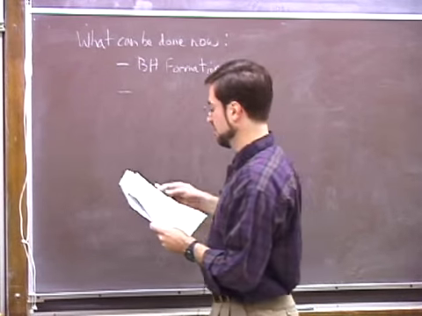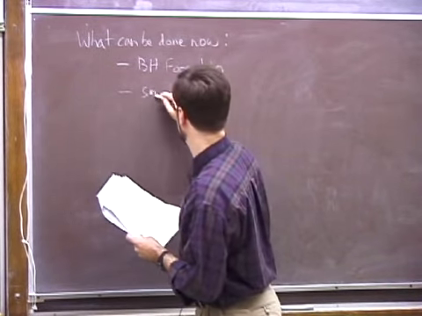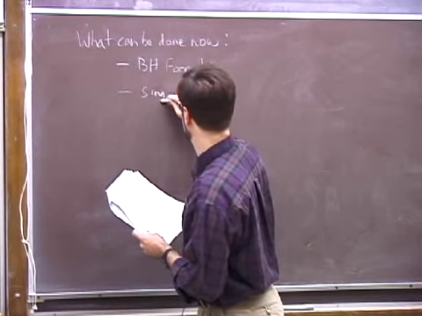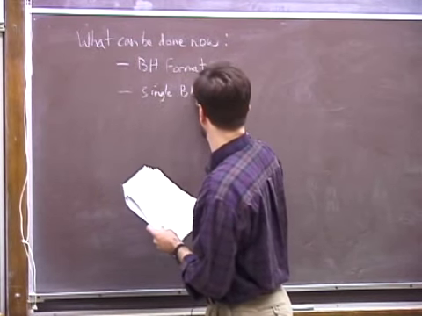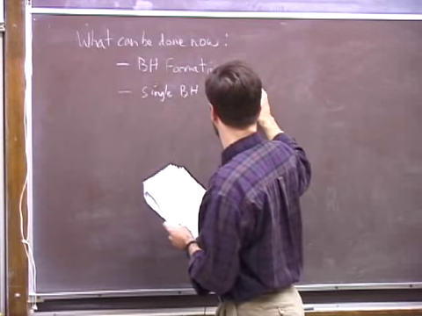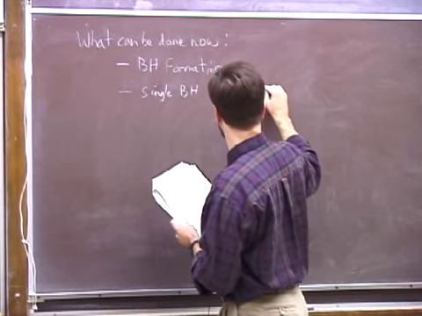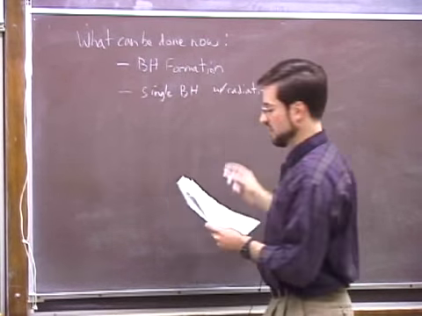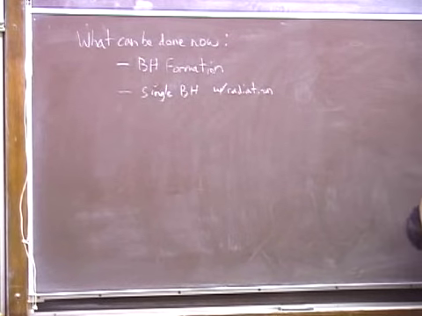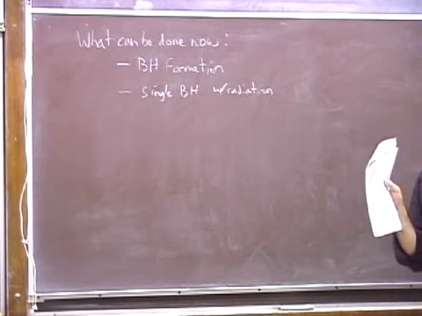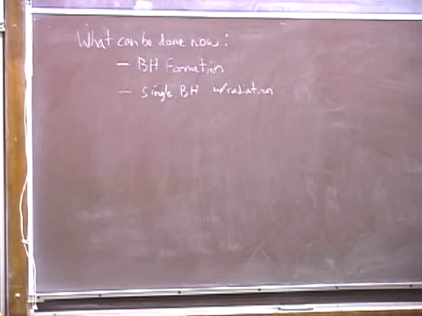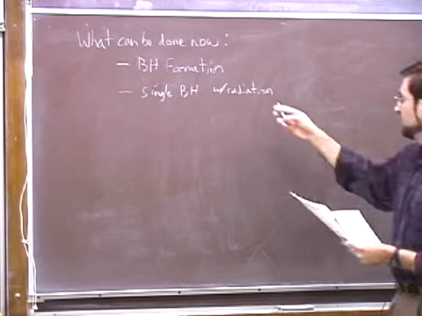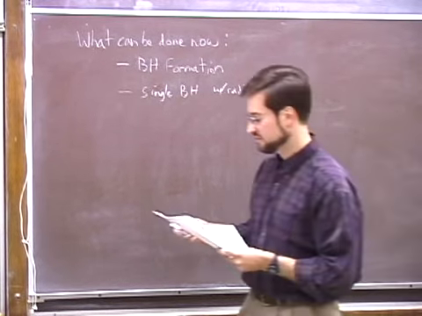Other things that can be done: single black holes with radiation. You can have single black holes that are distorted, not a stationary Kerr or Schwarzschild state, such that they ring down and produce radiation.